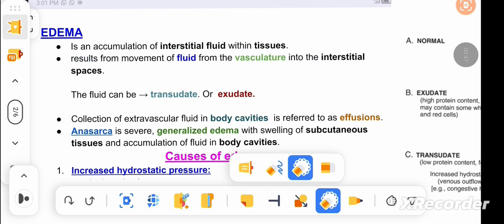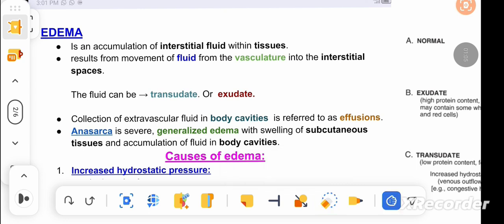So this fluid can be a transudate or an exudate. A transudate is a fluid which is poor in proteins, and an exudate is a fluid which is rich in proteins. Now let's look at this diagram to understand what a transudate and an exudate is.